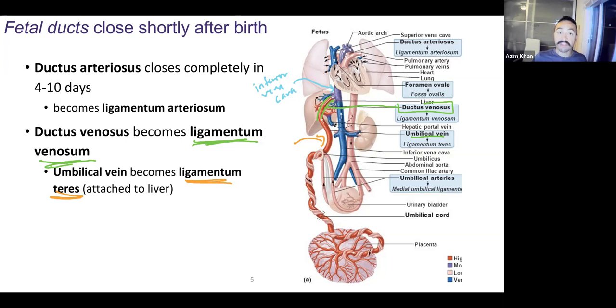But you still have remnants inside of your body. So ductus venosus becomes ligamentum venosum, the umbilical vein becomes ligamentum teres, and the ductus arteriosus connecting the pulmonary trunk to the aorta becomes the ligamentum arteriosum.